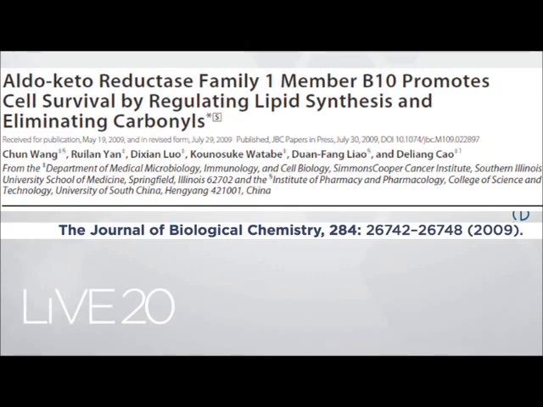And look at this title. This gene, AKR1B10, promotes cell survival, sounds good, by regulating lipid synthesis and eliminating carbonyls. Well, you may not know what carbonyls are, but carbonyls are related to T-bars, which you have heard before, lipid peroxidation products.